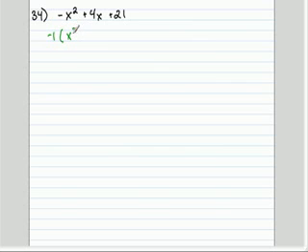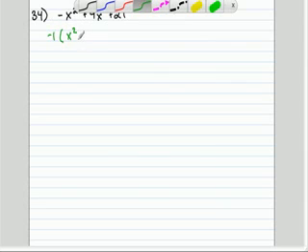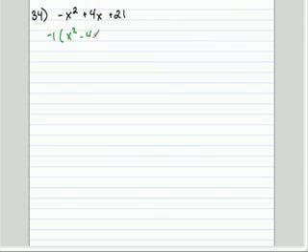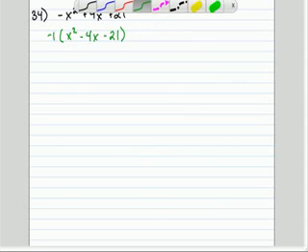So I have x squared. Whoops, that would be a minus 4x, because all of the signs change, minus 21. Now I can factor. My leading coefficient is just 1, and it's a positive 1 now, so I can do the small AC.